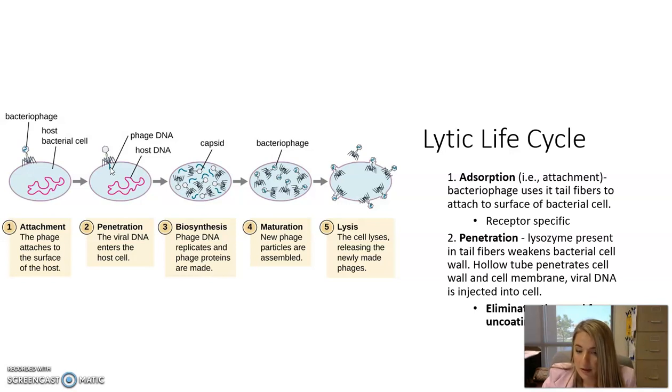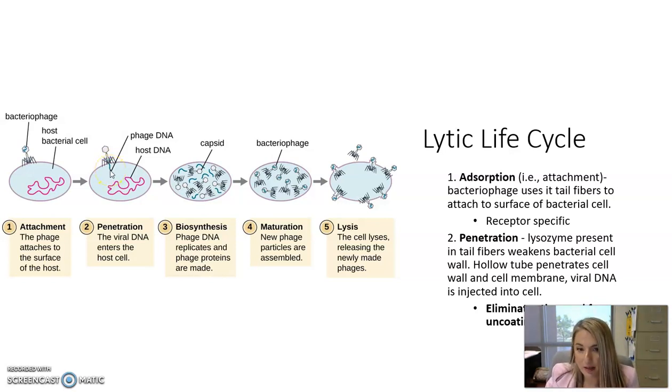The uncoating stage is not necessary for bacteriophages because only the DNA is injected. It's not encased in a capsid in this case, so there's nothing to uncoat. It's already essentially pre-uncoated. So the uncoating stage is unnecessary and it's eliminated among bacteriophages.